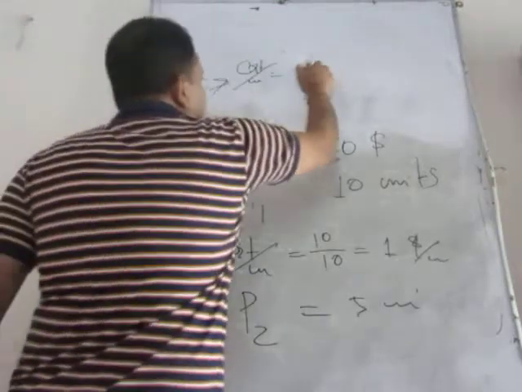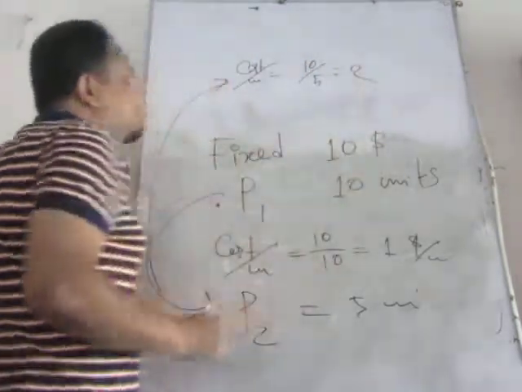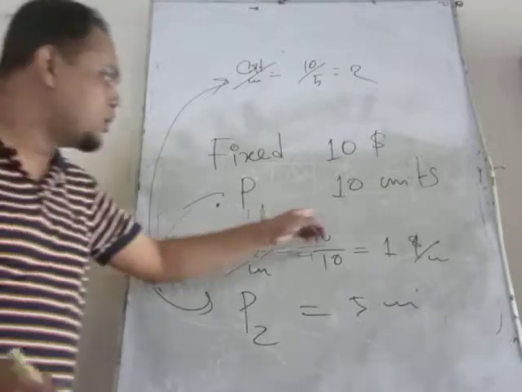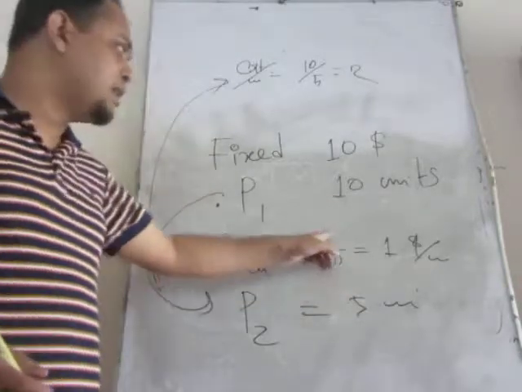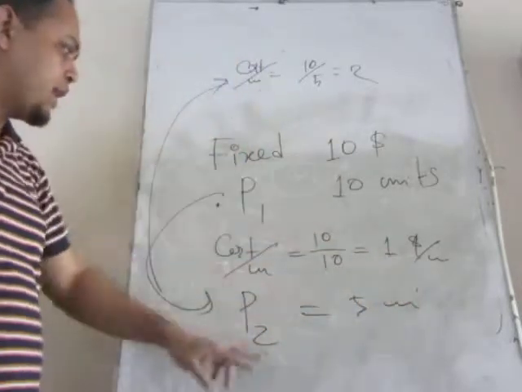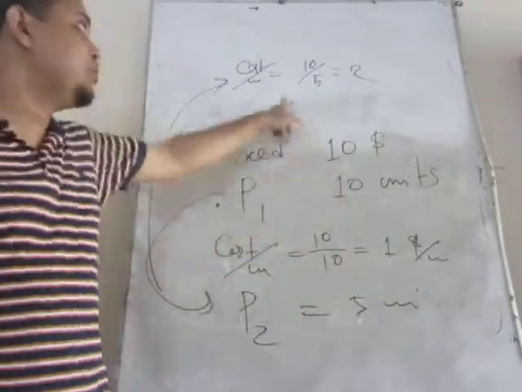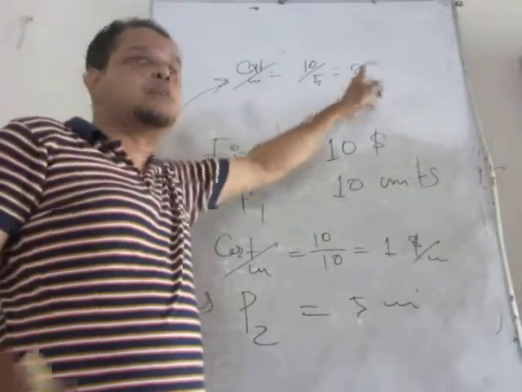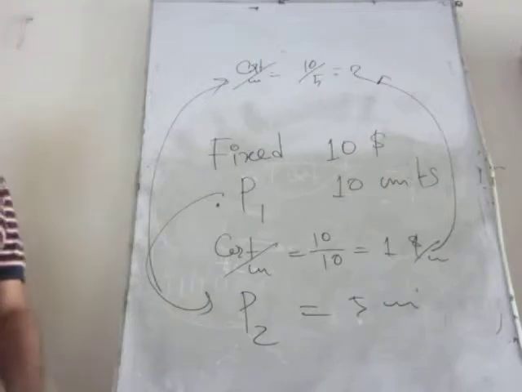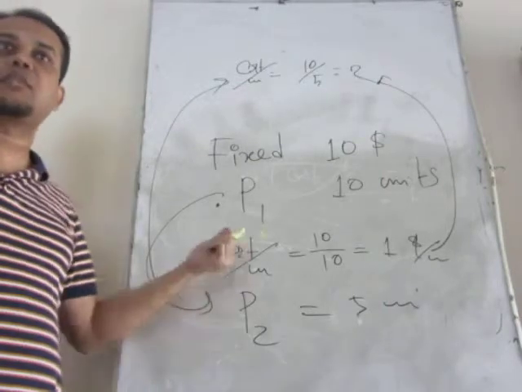So it will be 10 by 5, that is 2 taka per unit. That means when you were producing 10 units, your fixed cost per unit was 1 taka. When you reduce your activity by 50%, your cost per unit is 2 taka. So what's the difference? 100% increased. বোঝা গেছে?